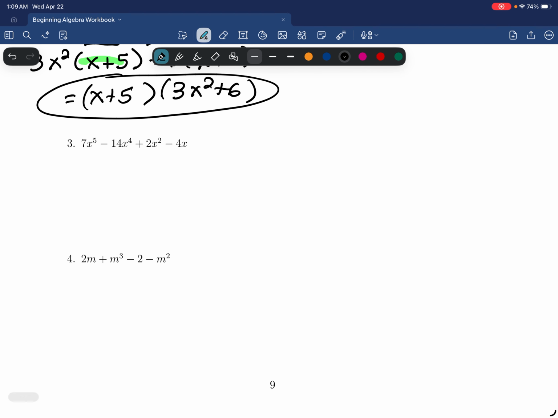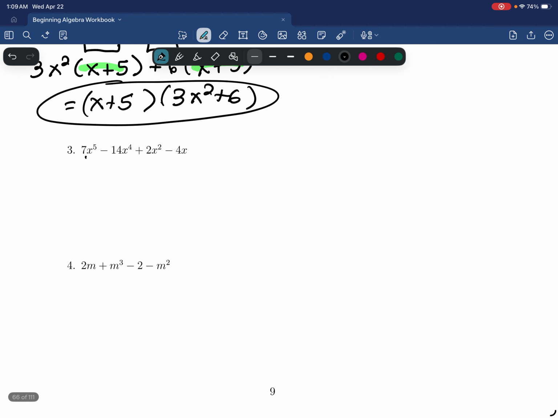Taking a look at example 3, we have 7x to the 5th power minus 14x to the 4th power plus 2x squared minus 4x. So I'm going to first start off by finding the greatest common factor in both these terms here. So here I can factor out a 7 and then an x to the 4th. And when I do that, here I'm going to get an x minus 2.